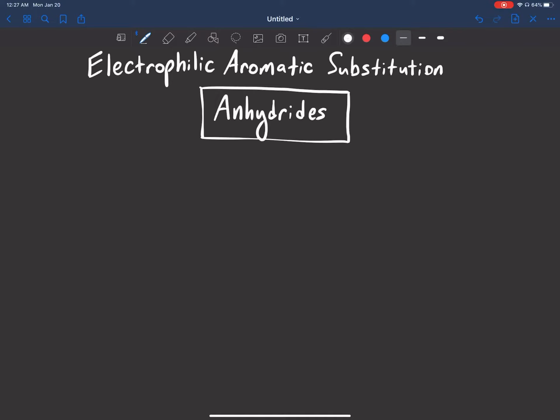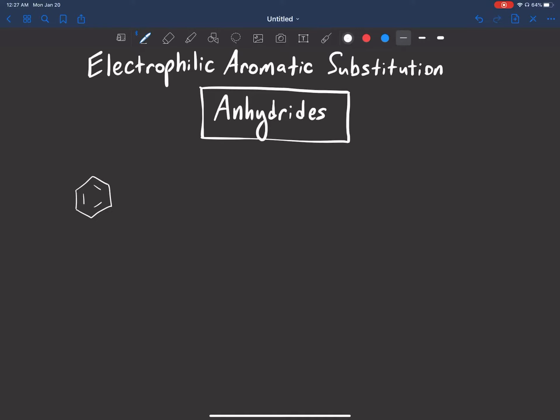All right, so how does this work? We're going to start off with a very simple example of an anhydride, and we're just going to use methyl substituents. So here's our benzene. And again, we know we can have some sort of substituent like OCH3 on here, but we're just going to keep it simple for this video.